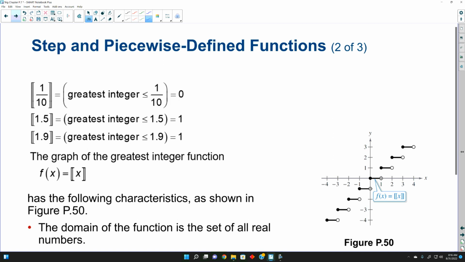Now, the greatest integer less than or equal to 1/10. So what's the first integer less than 1/10? 0, because it drops back to 0. 1.5 is going to be 1. 1.9 is still 1. Really, for the most part, with whole numbers, if we're going up as a decimal, we're dropping the decimal off. With integers, we're going up.